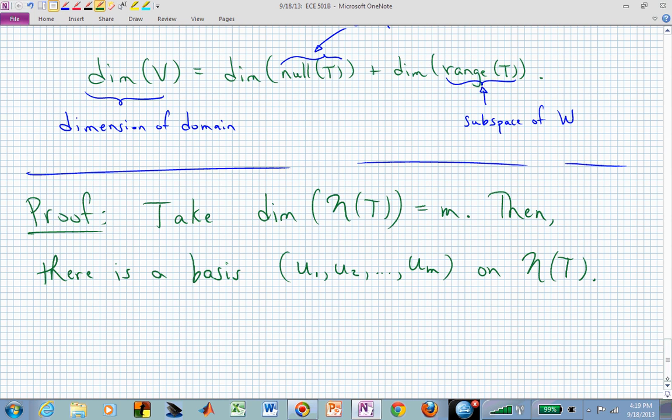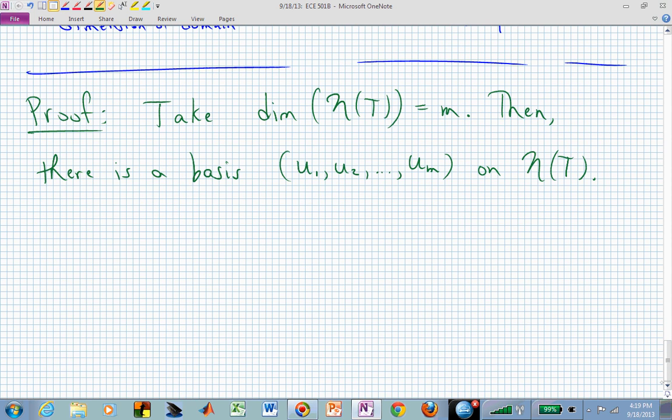So we can use our theorem back in chapter 2, which said that we could complete a linearly independent set of vectors and build up a basis. We could just add more linearly independent vectors.